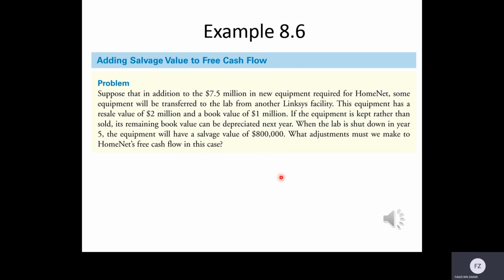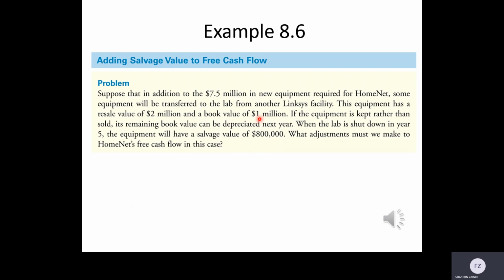So in this case, it has a resale value of 2 million. That means if we were to sell the equipment that is being transferred from another Link6 facility immediately, we would sell it at $2 million, but it still has a book value of $1 million, which is what is reflected in the balance sheet.